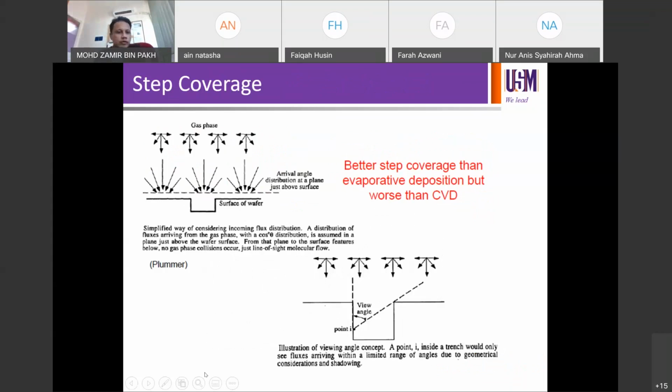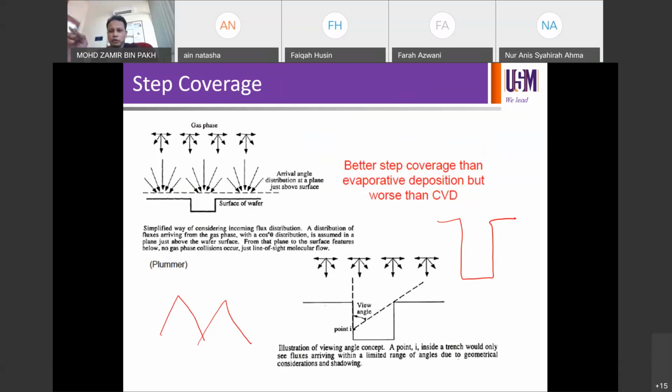Okay, so if you talk about the deposition on features, say you have a pyramid or a trench, like what we see on the slide, it is more omnidirectional than evaporation, but worse than CVD.